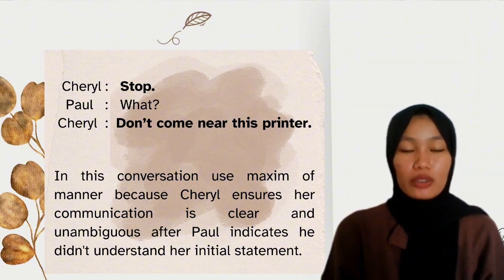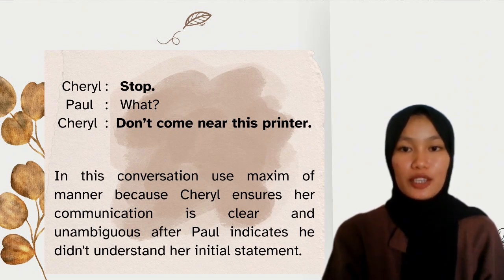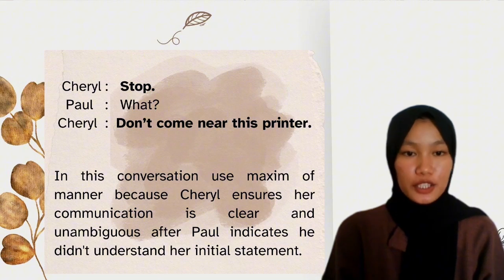In both, Cheryl is performing an action through her words. Instead of merely describing or stating something, she is attempting to influence Paul's behavior. This is the essence of a speech act: using language to perform an action, not just convey information.